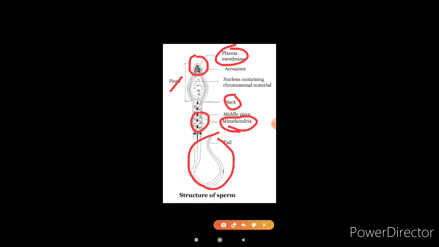I told you there are two major portions; one portion provides the enzymes present in the acrosome, which help in the digestion of the outer layers of the ovum. So this is the structure of the sperm.